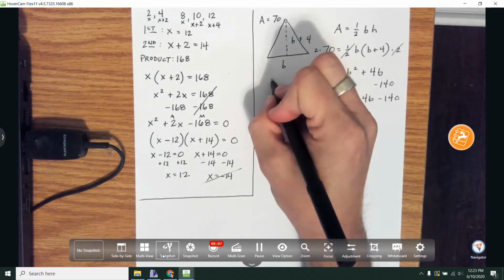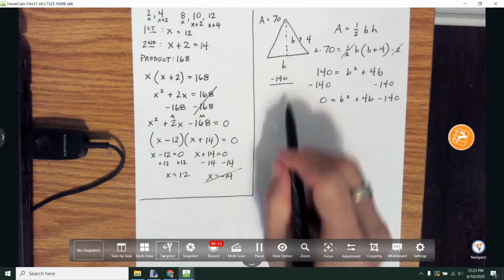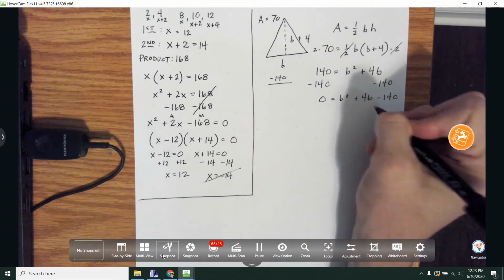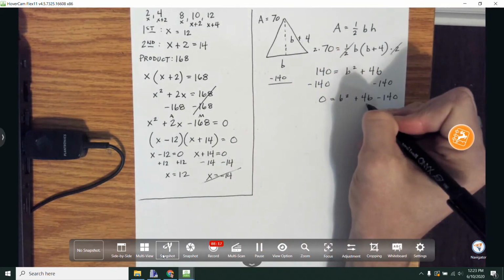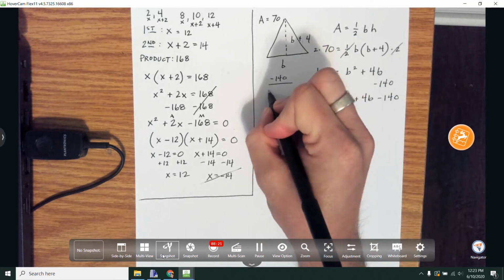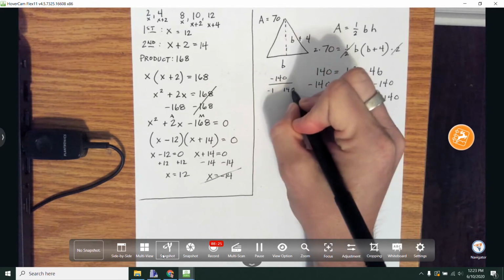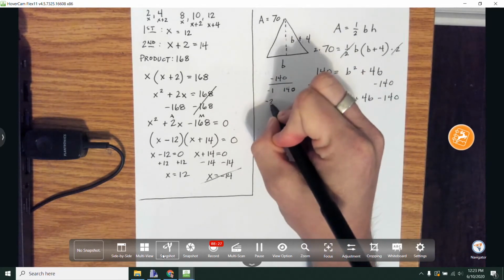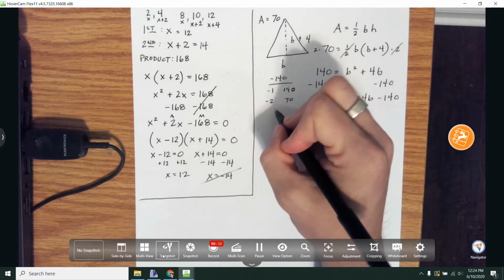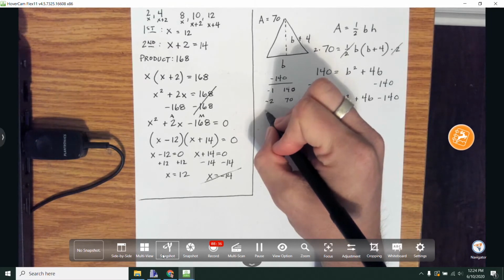And so if we're looking for things that multiply to give us 140 and add to give us 4, we're going to list off our factors. We want our positive number to be the bigger number because that's what our middle term's telling us. So we got a negative 1 and 140, a negative 2 and 70. 3 doesn't work. 4 does.